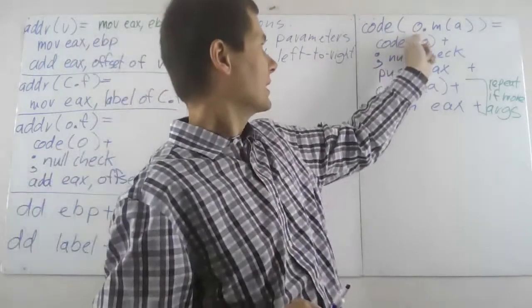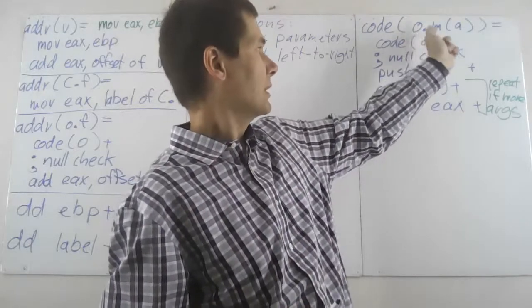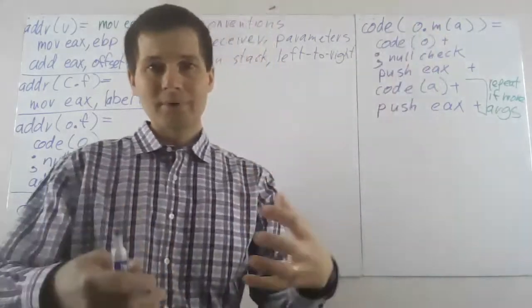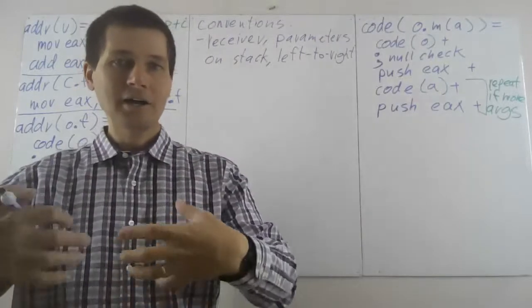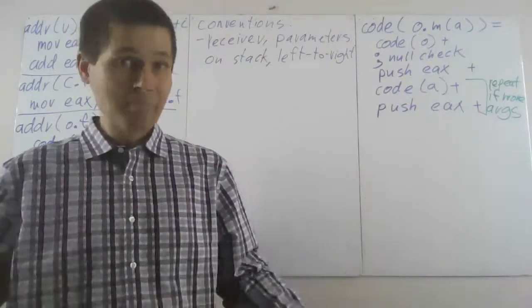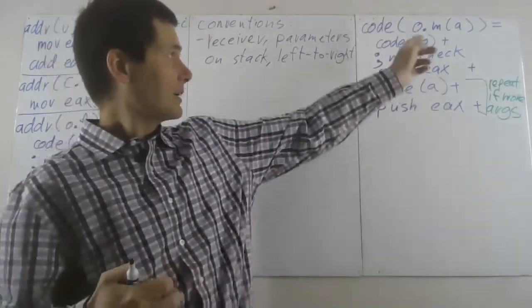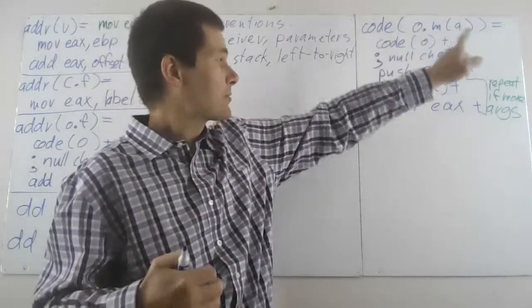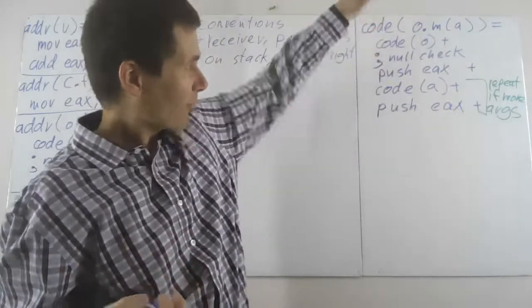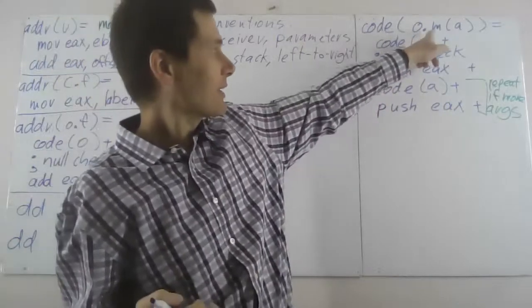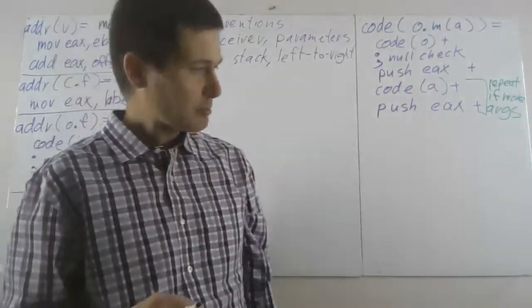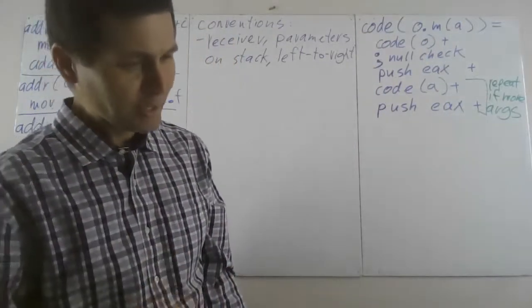We don't know from the static type of O which method M to call, but we have to do this dynamic dispatch, where if the type of O is fruit, but then the actual object we get is an apple, then an apple might have a different M method than an orange.